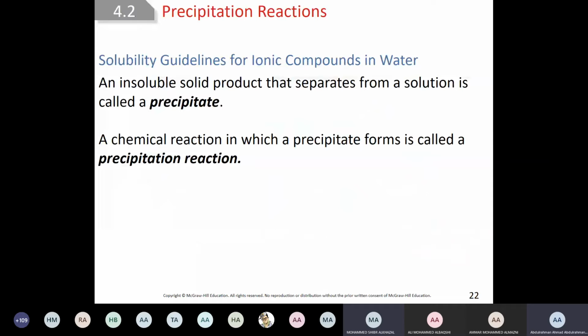Okay. What's the meaning of precipitate? Precipitate means come out of water. Example, if you put sand in water, what will happen? Nothing. It stays at the bottom. It will precipitate.